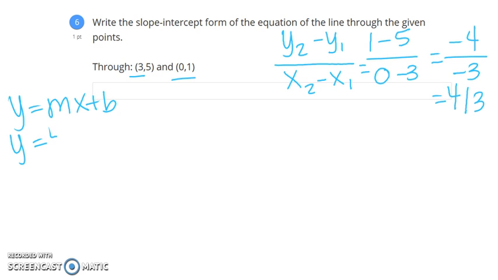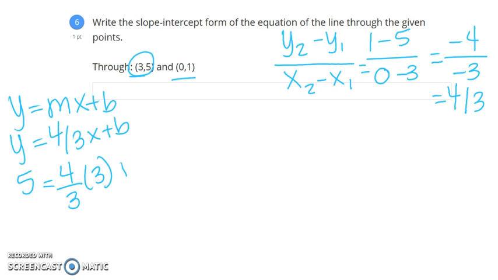So I can then plug this into my formula, and I'm just going to choose one of these points. This time I'm going to choose 3, 5. So 5 is equal to 4 thirds times 3 plus b. The reason, hint, hint, that I chose 3, 5 was because of the fraction. 3 and 3 divided by 3 cancels out.